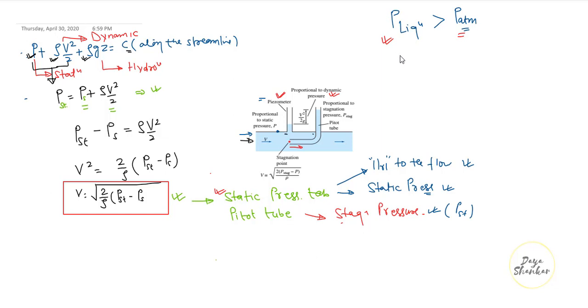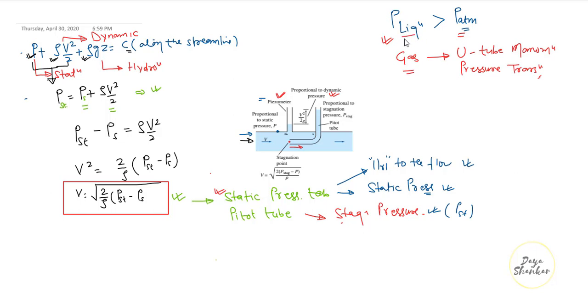Okay, so suppose if the fluid is gas, so in this case either U-tube manometer or pressure transducer is used to measure the pressure inside it.